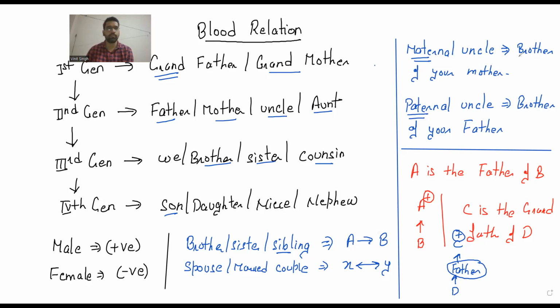Maternal uncle means brother of your mother. Paternal uncle means brother of your father. A is father of B, we will represent like that. C is the grandfather of D, we will represent like that. Now, is that clear to everyone? Now, we will solve some questions based on blood relation.